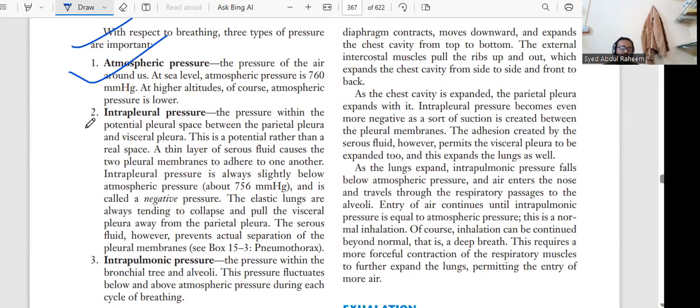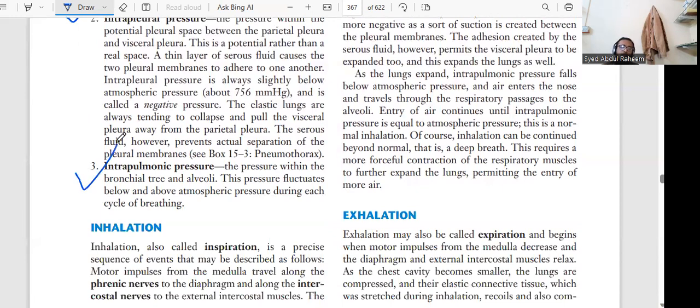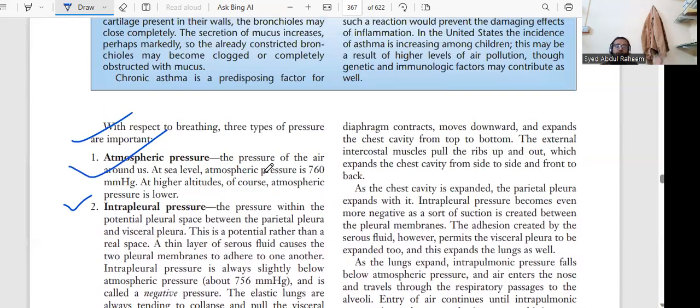So we have atmospheric pressure, intrapleural pressure, and intrapulmonary pressure: in the environment, outside the lungs, and inside the lungs.